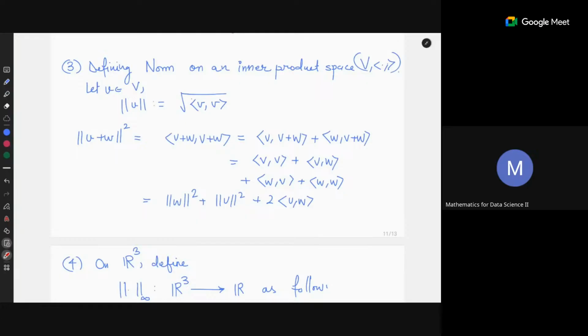So what I will do, I will either update the notes or I will discuss this triangle inequality part.